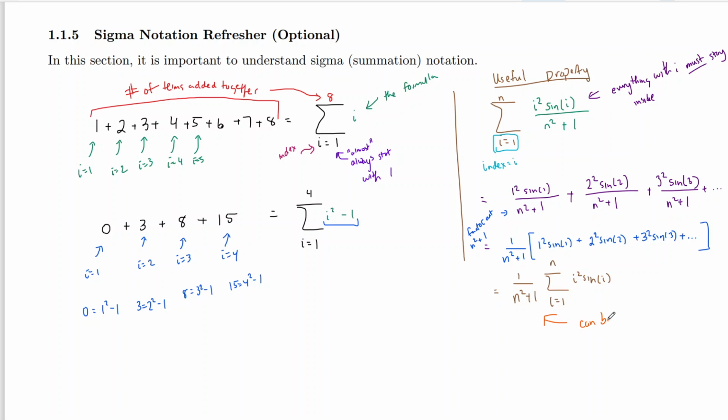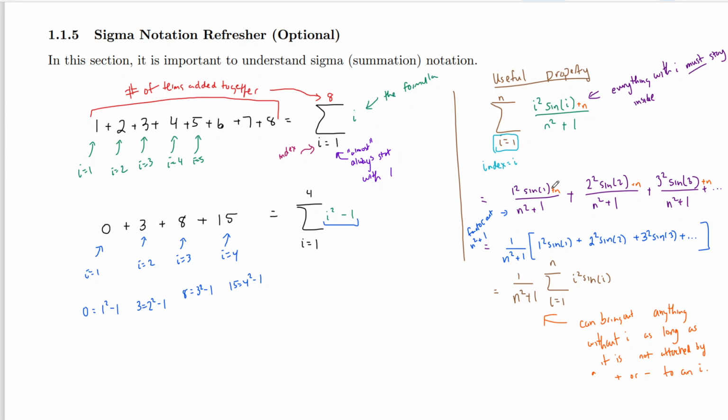So we can bring out anything without I as long as it is not attached by a plus or minus to an I. The reason you can't bring it out if it's attached is, I'll just go ahead and say here, if this was like plus n, then all of these would be plus n.